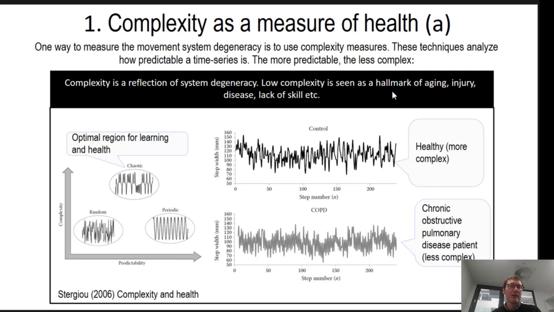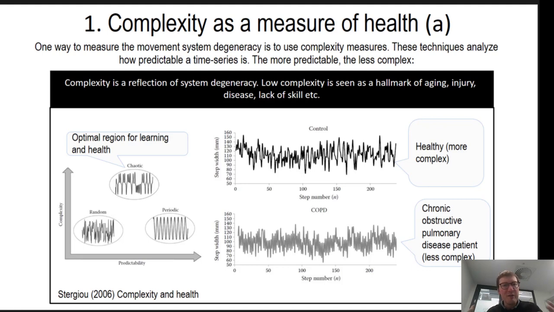One way that we measure this idea of degeneracy, or the ability to do lots of different things to achieve an outcome, is that we analyze behaviors that we observe over time, and we get a measure of how complex that behavior over time is. There are different ways that we can assess a set of values or observations to see if we've got a low amount or a high amount of complexity.